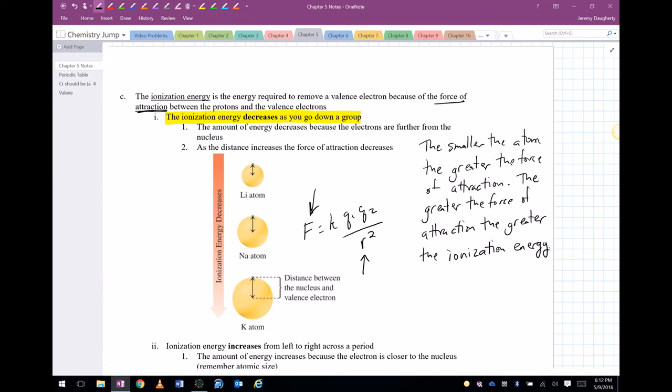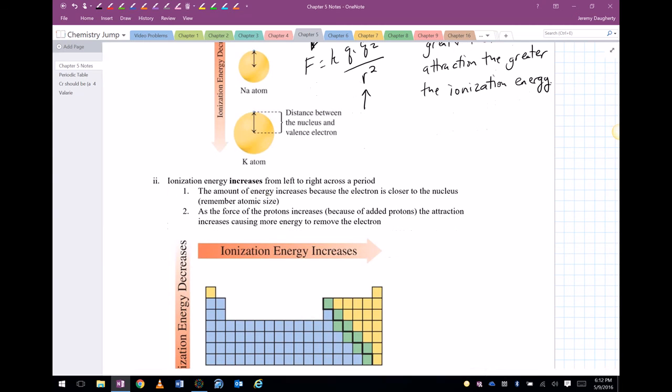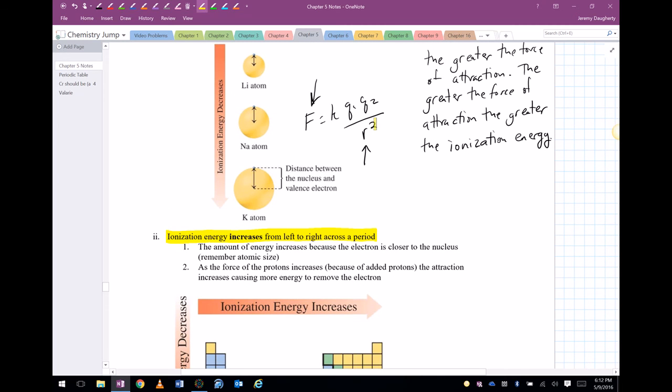So that's why it takes less energy to remove the electron as you go down. Left to right, ionization increases. Why? Because the atom gets smaller. Remember, atomic radius is very, very important. So as that atom gets smaller, the force gets bigger.